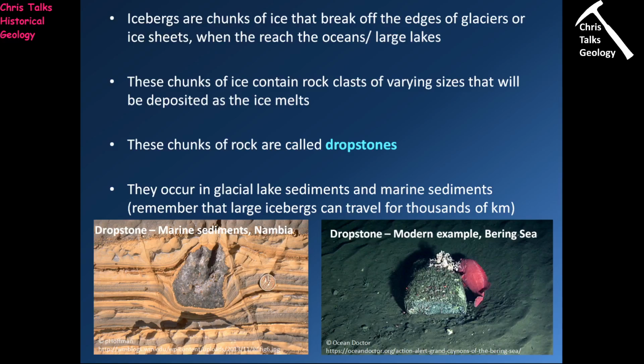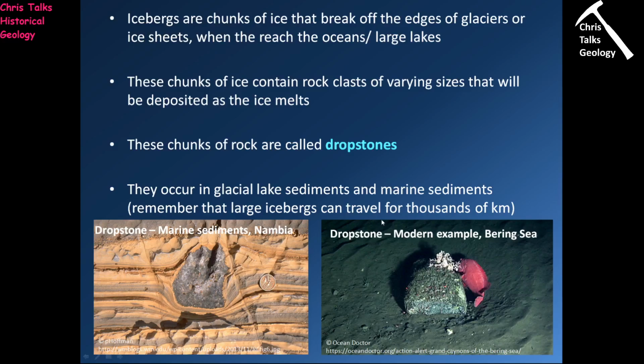However, some of the clast sizes can be quite large, gravels, cobbles and boulders. And because these icebergs can actually travel quite large distances, it can sometimes mean that you'll get these random lumps of quite large pieces of rock occurring in environments where they just shouldn't be able to occur.